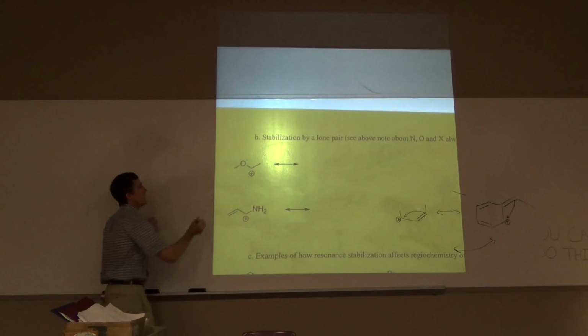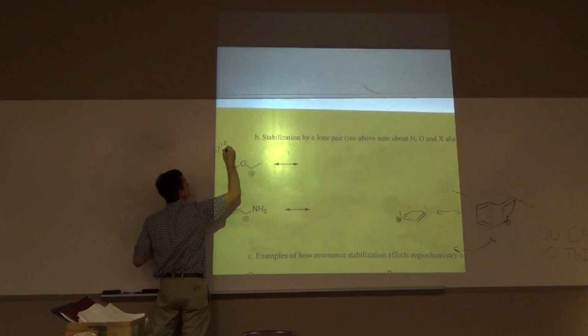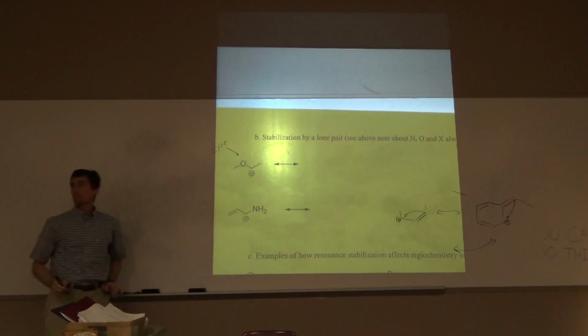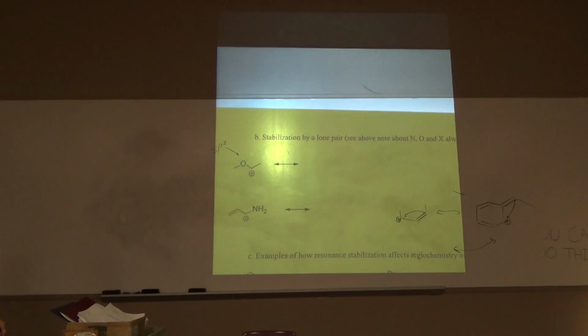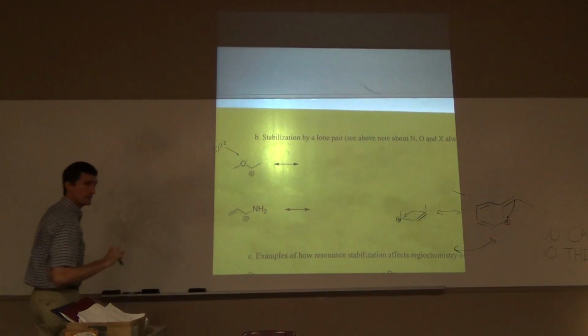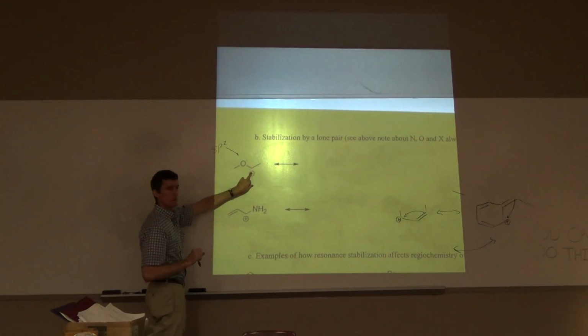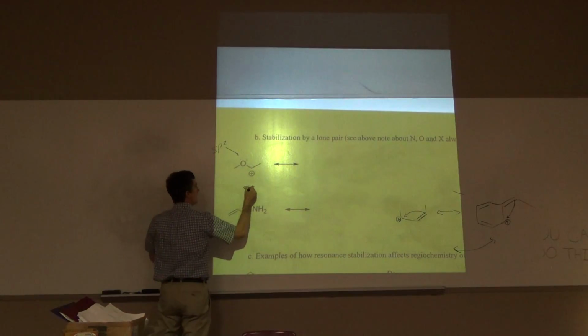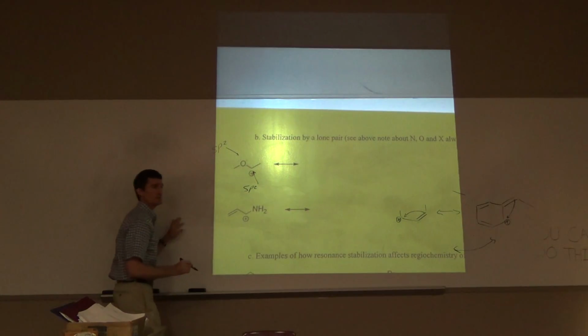sp3. The oxygen is sp2, right? Anytime a lone pair is next to a p orbital, the lone pair is going to want to be in a p orbital. We learned that on day 2, right? What's the hybridization here? sp2. Carbocation is sp2.